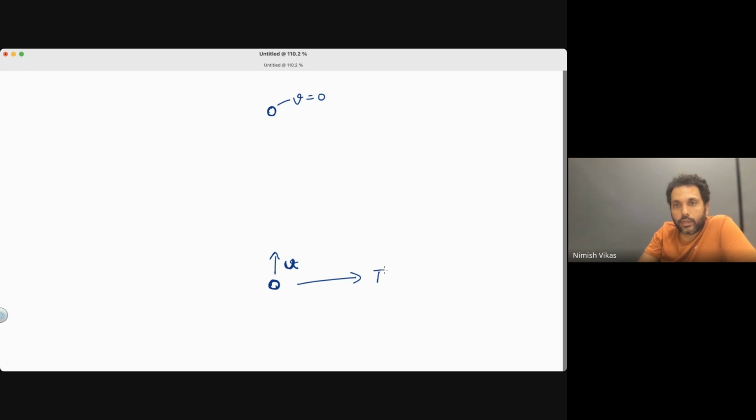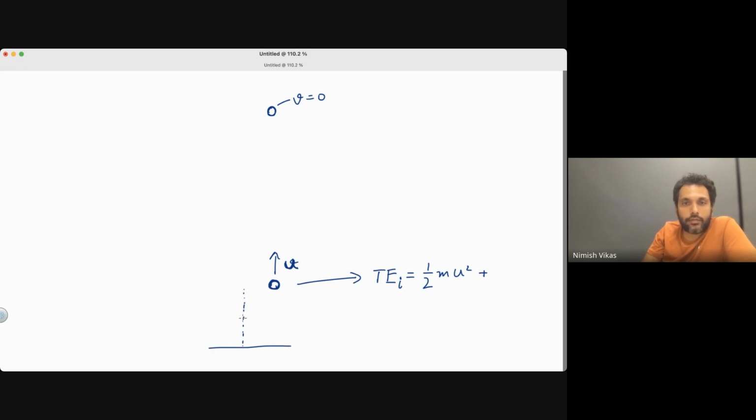The total energy initially is equal to kinetic plus potential. So half m u square plus potential energy. Potential energy, you can take reference from anywhere, wherever you want.